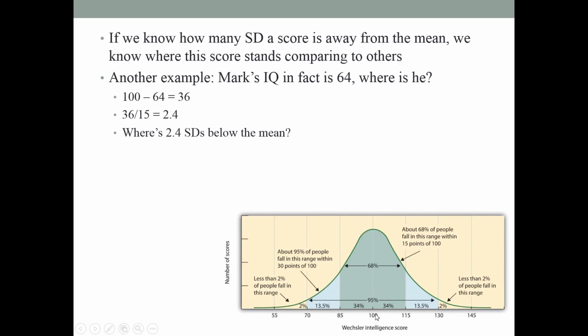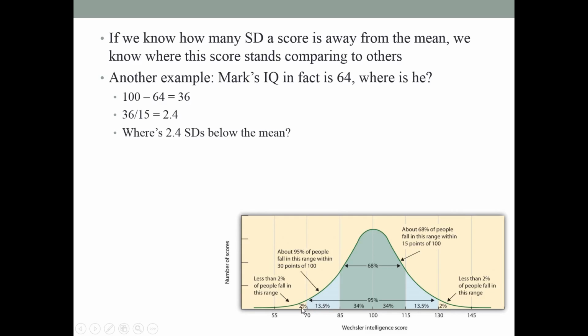Where is it? So this is the mean, this is 1 standard deviation, then 2 standard deviations, and then 2.4. I guess it's about right here. Now, with this score, how many people perform better, have a higher IQ score than Mark? All we need to do is 50 plus 34, that's 84, and then plus 13.5, that's about 97.5%, whatever.